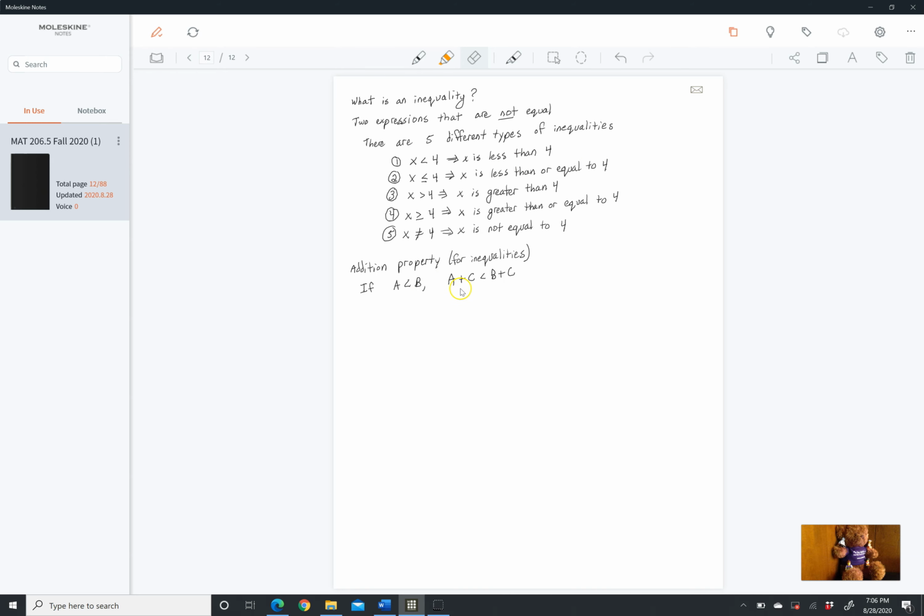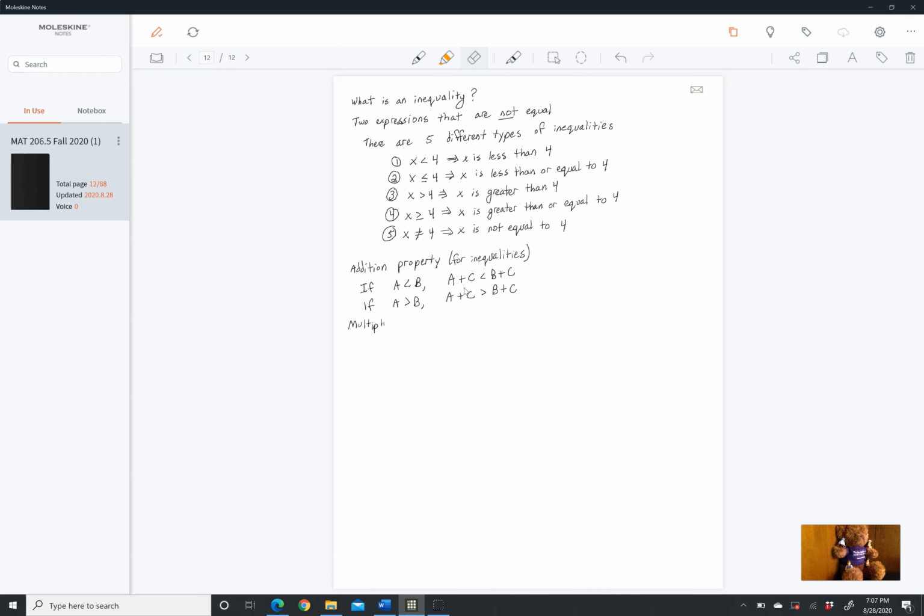It doesn't change if we add the same thing to both sides. And this would be true for greater than, less than or equal to, greater than or equal to. So I'll add in the greater than, but I won't put in the equal to. But it is the same for all of them. If you add the same thing to both sides, you're preserving the inequality.